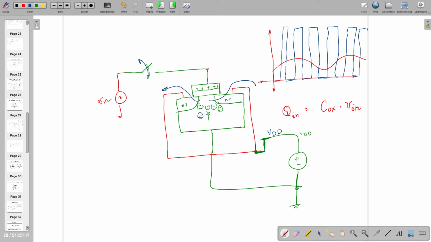Means those pulled out electrons will go to the depletion region. So effectively, what are you observing here? Capacitance reducing. So when I'm going into such a structure, I'm going to see this thing.